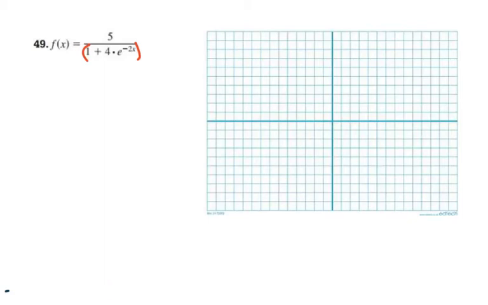And so as you can see, the 5 is the highest point that it's going to go, and then of course always 0 unless it has some sort of number added or subtracted on the end. And then at 0, it's intersecting at 1, and then it's going to go like that.